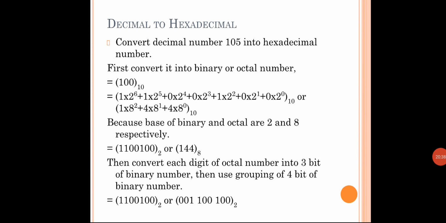There is just a mistake over there. You can take that 105 as your assignment work, because the explanation already uses the example 100 itself. Don't consider that 105. So now let us see how to convert the decimal number 100 to hexadecimal, and you can consider 105 for your assignment.